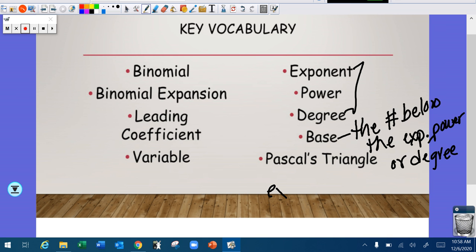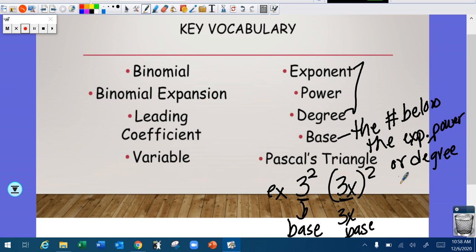Here's an example: 3 squared, 3 is the base. If I do 3x all squared, 3x is the base. If I wanted to rewrite this where the squared was distributed to both variables, you put a 1 there and you would multiply the variables. So here you get 3 squared x squared, and here the base is both 3 and x.